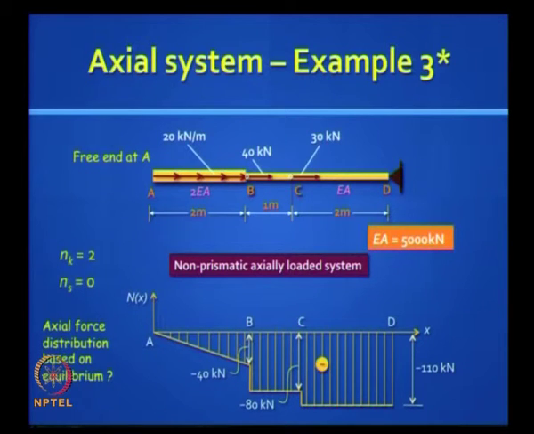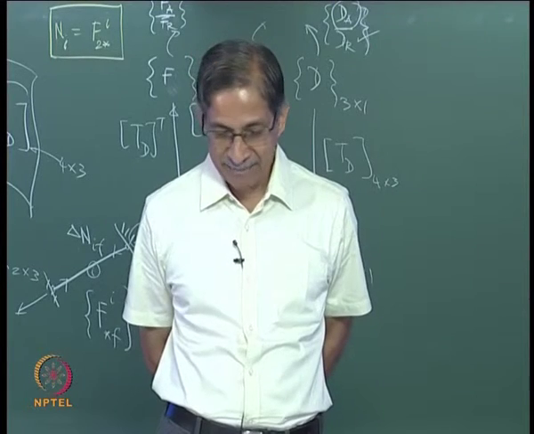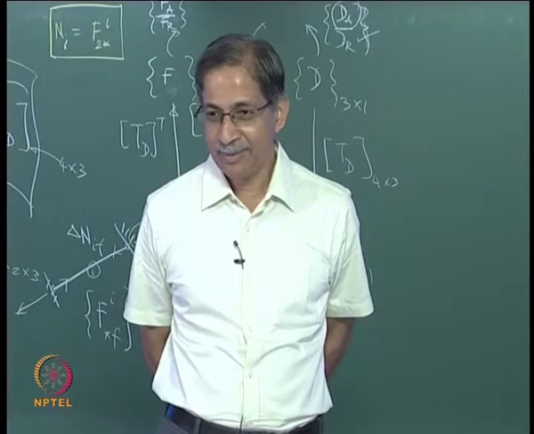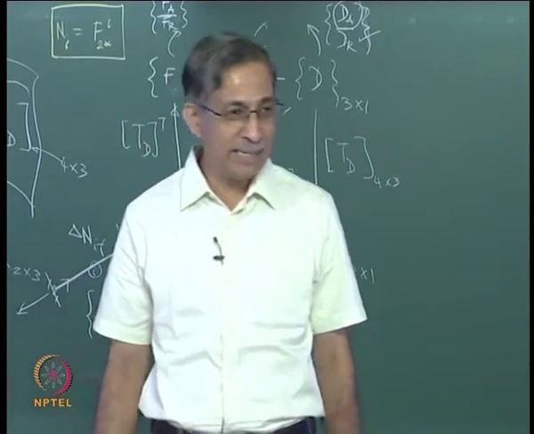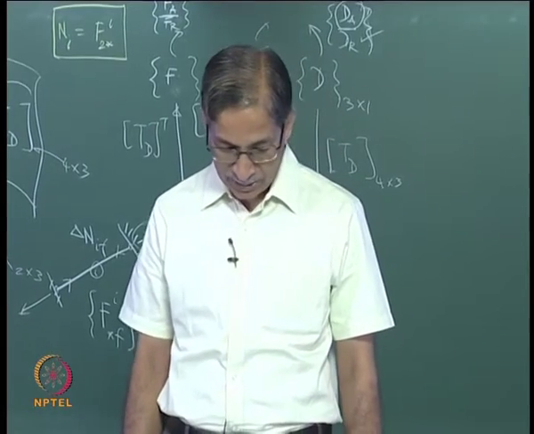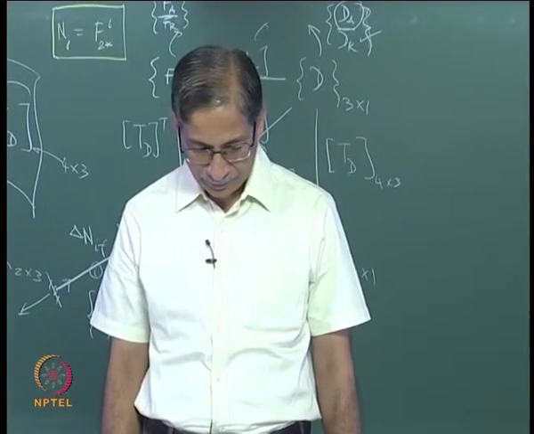Let us say I want the displacement at the free end at A. What will be the axial force inside the system due to a unit load? Constant. So what is the formula for dA? It is just the area of this diagram that we drew divided by EA. So it shouldn't take you much time, you can check it out.